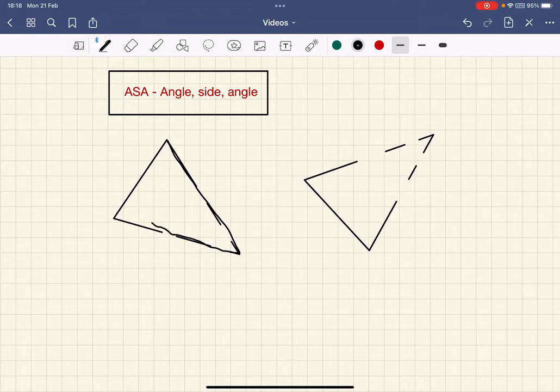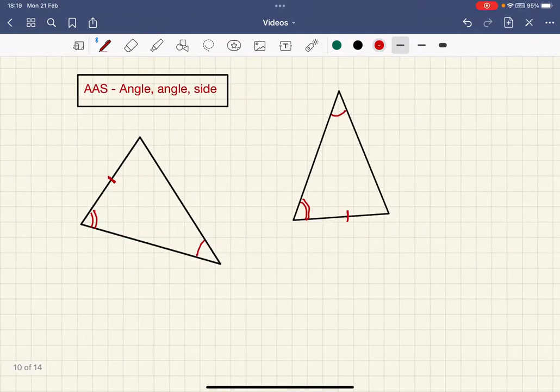So we have to have an angle here, then a side, and then another angle here. That's angle, side, angle. So we'd have the same thing here. We'd start off with an angle here, then we'd have a side, and then we'd have another angle. So you can see that the side this time is between the two angles.